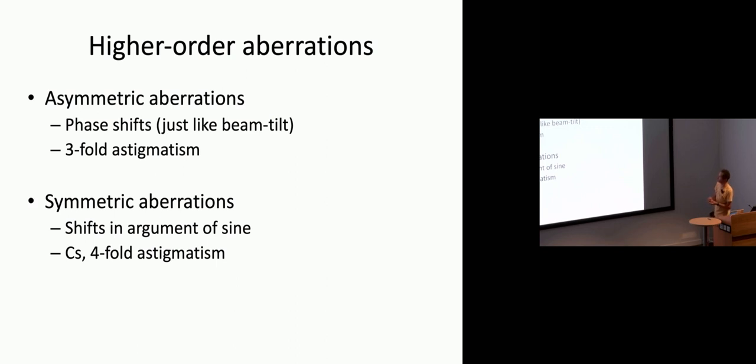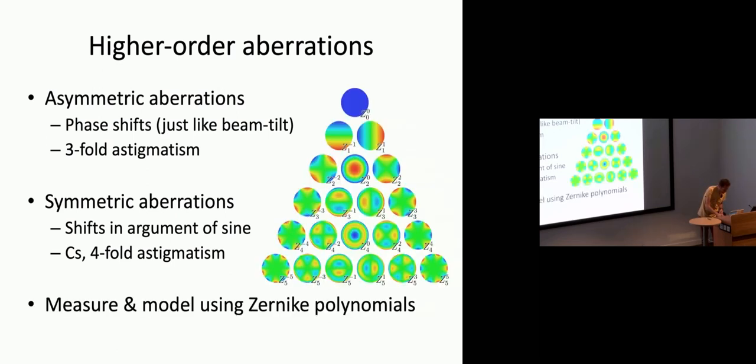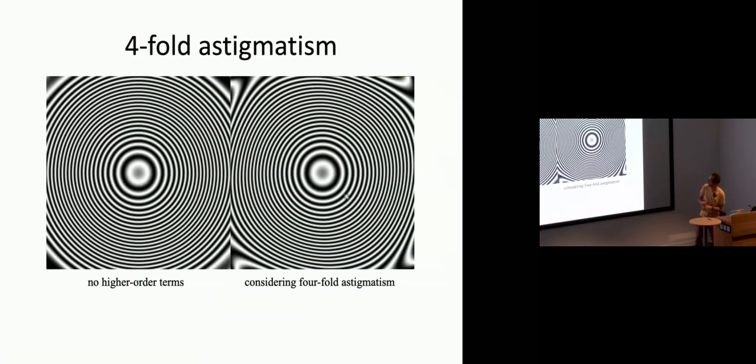And then symmetrical aberrations are shifts in the argument of the sine, and examples are Cs itself, but also fourfold astigmatism, which is something that could happen in your microscope. And the effect of that is, sorry, let me do this one first, that the Thon rings no longer are exact rings, but they become slightly rectangular. Oh, what beautiful artifacts.